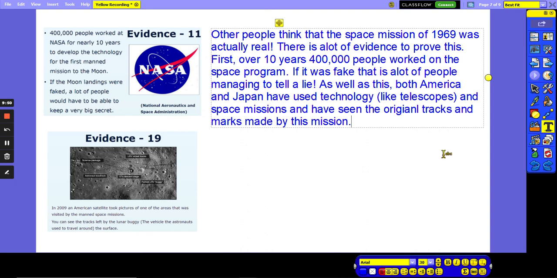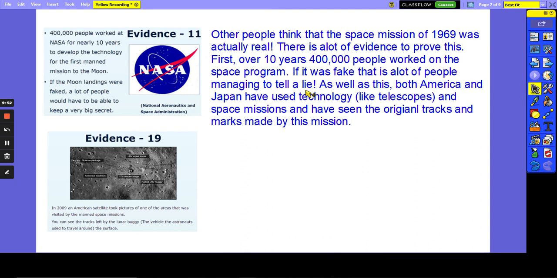There we go. So I've used 2 more pieces of evidence to suggest why it was real. I've said people think it's real. 400,000 people, sorry, not telling a lie, and then the fact that there were subsequent missions.